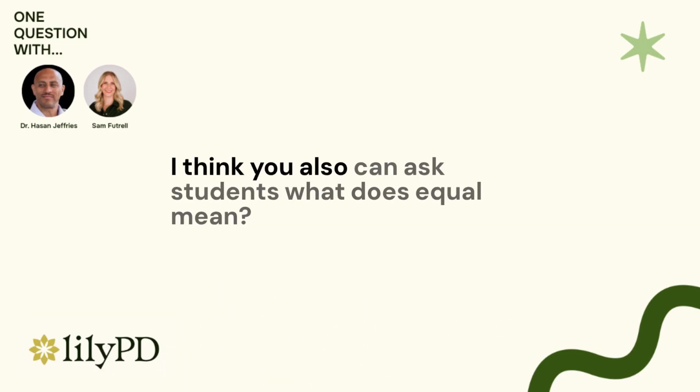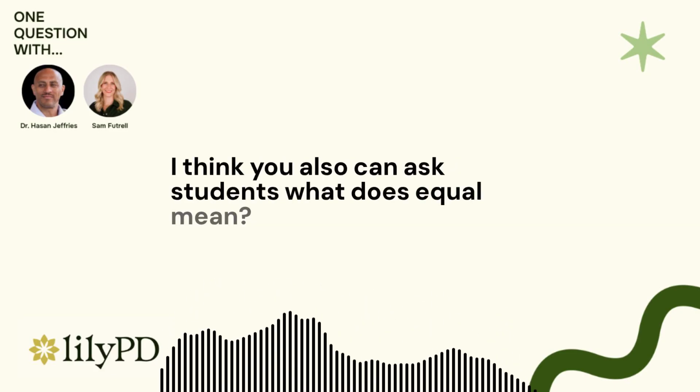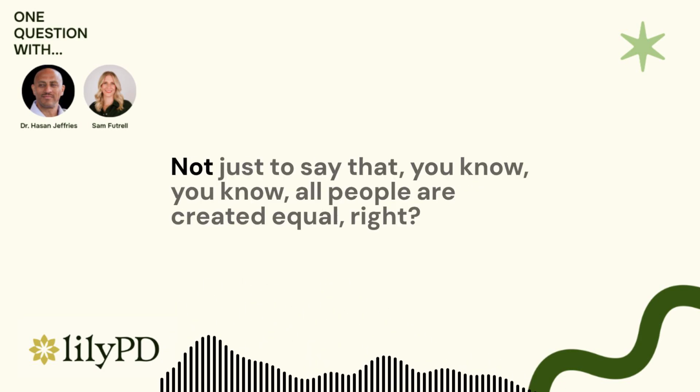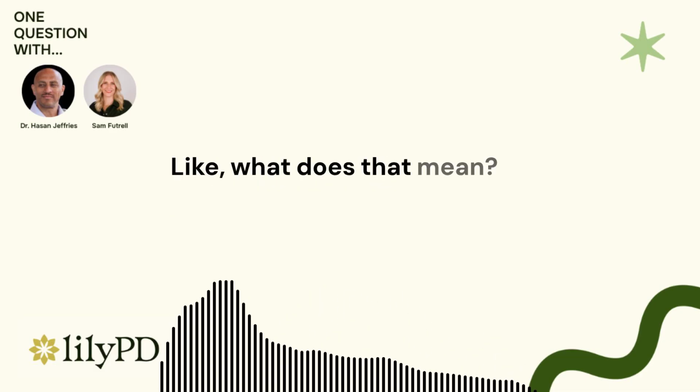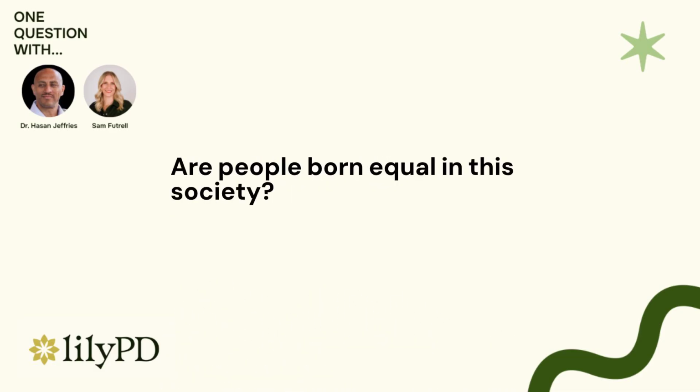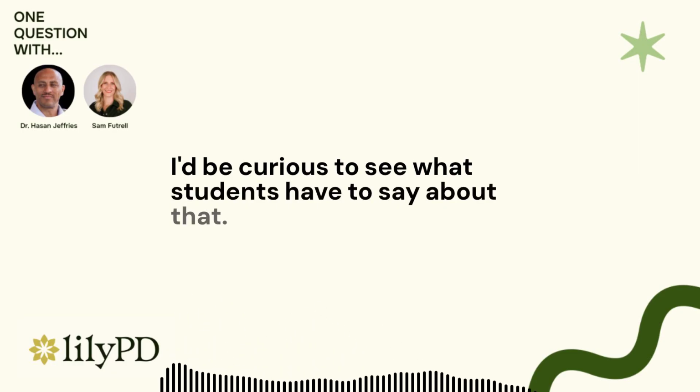I think you also can ask students, what does equal mean, right? Like what does it mean? Not just to say that all people are created equal, right? Or are born equal. Like, what does that mean? Are people born equal in this society? I'd be curious to see what students have to say about that, right?